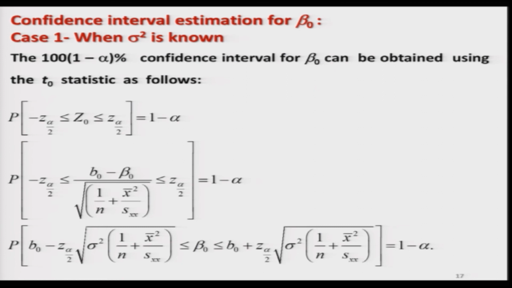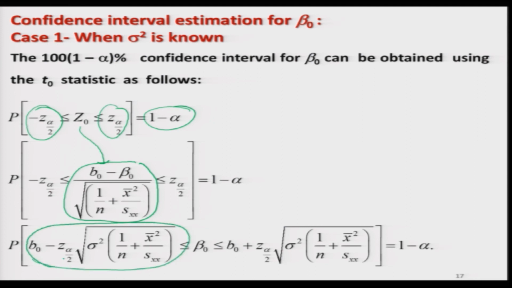And if you want to construct the confidence interval, you have to use the same technique: that Z0, which is given here, lies between minus z alpha by 2 and plus z alpha by 2, and the probability of such an event is 1 minus alpha. So, you can simply solve this equation as we have done earlier, and you will obtain the lower limit by this expression and the upper limit by this expression.